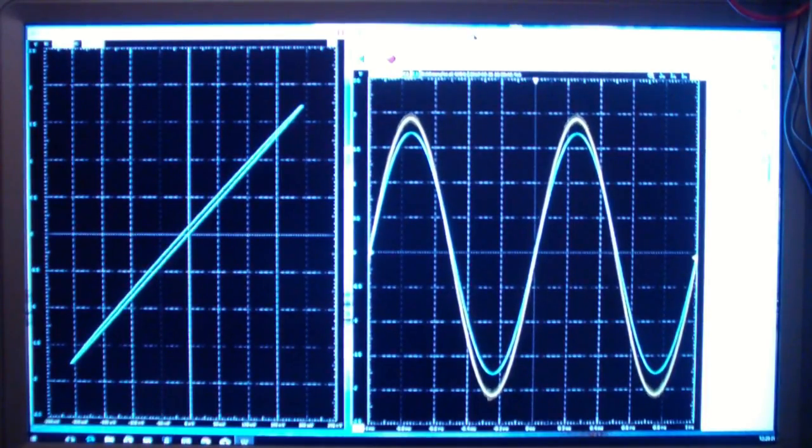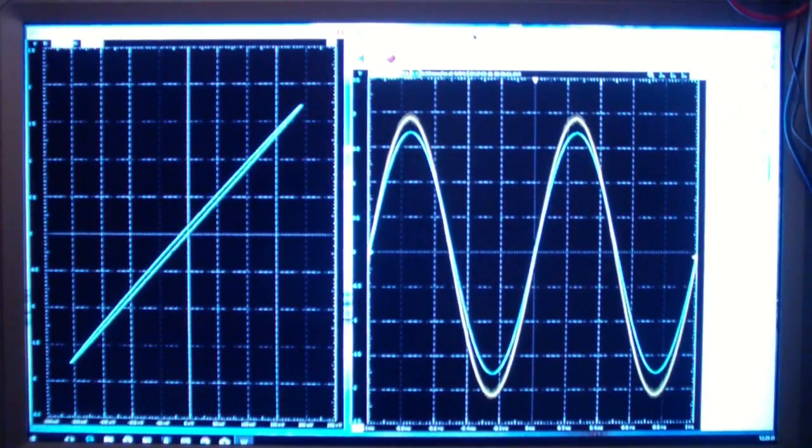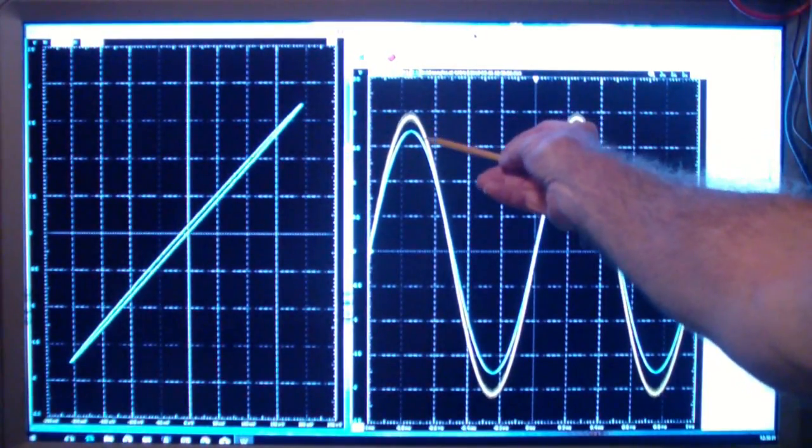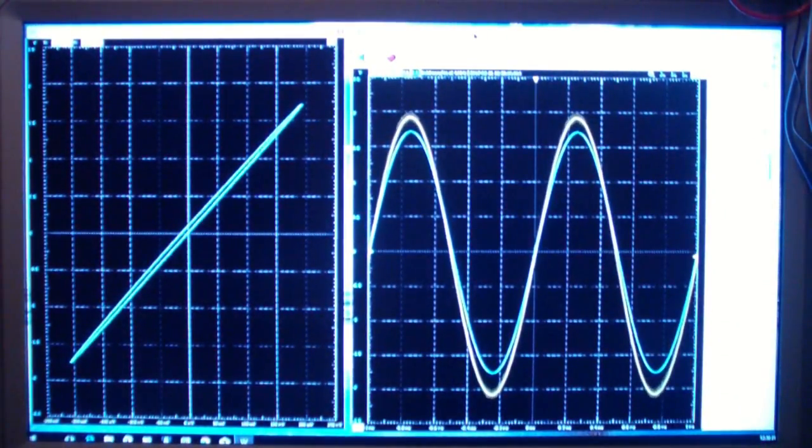displaying the input and output of a Class AB transistor stage. I'll show you the circuit in a minute, but you'll probably remember it from the Class AB amplifier videos. The yellow trace is the input over here, and the blue trace is the output.